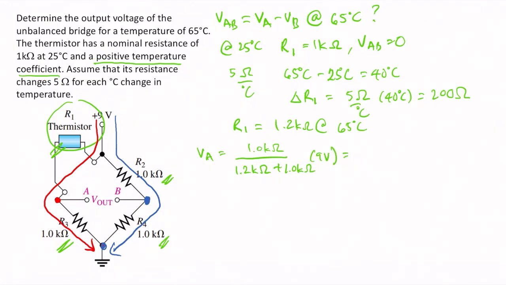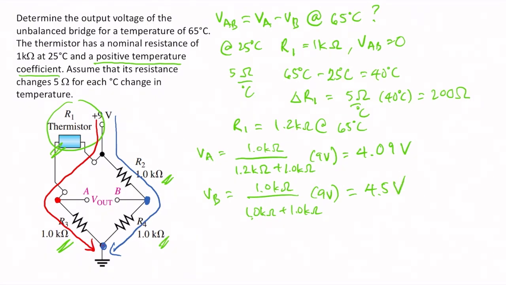So that's 4.09 volts. VB is easily solved to be 1 kilo ohm divided by 1 kilo ohm plus 1 kilo ohm times 9 volts, which gives us 4.5 volts.